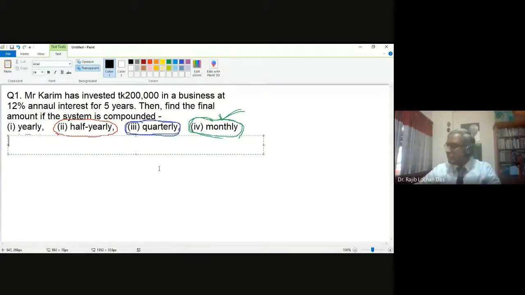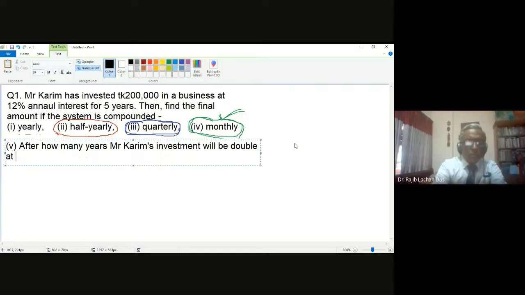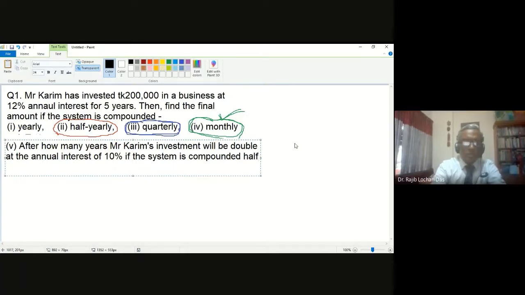The number 5 question is, after how many years will Mr. Korim's investment be double, at the annual interest of 10%, if the system is compounded, say, half yearly. So this is another question, number 5.